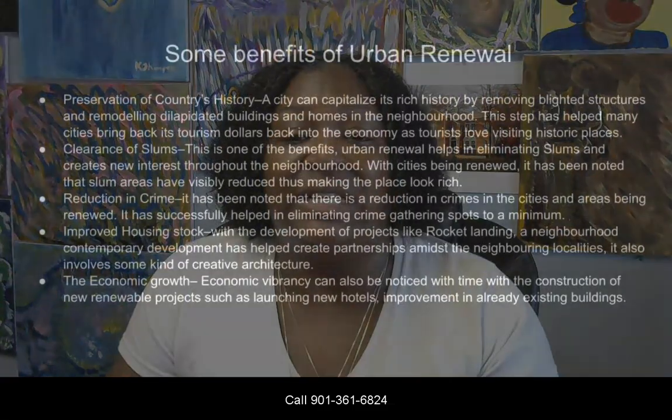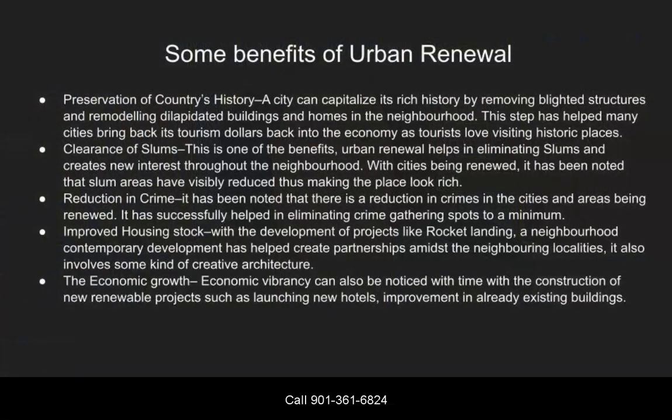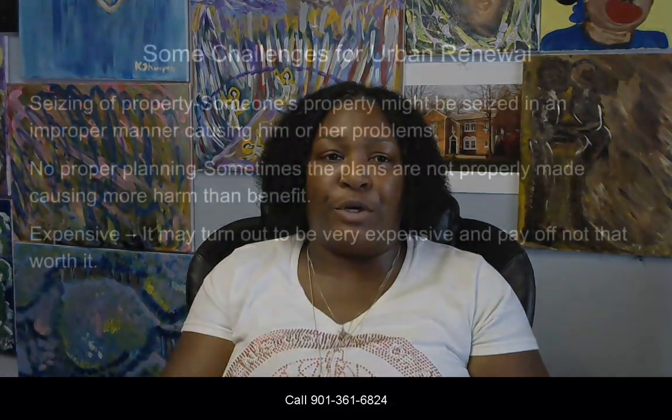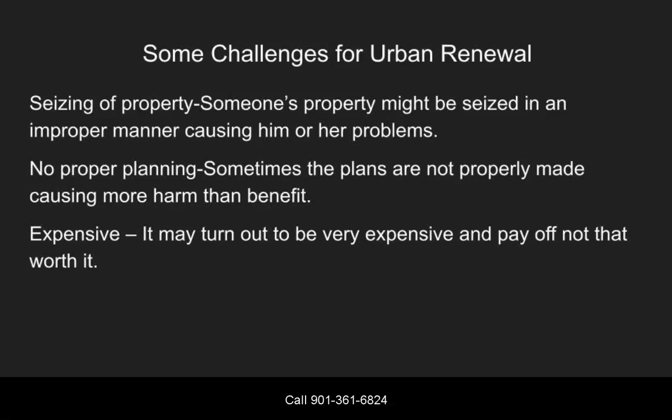Economic growth and economic vibrancy can also be noticed with time, with the construction of new renewal projects, such as building new hotels, improving already existing buildings, building new restaurants, and bringing new tourism opportunities to the forefront for the area. Some challenges for urban renewal, like I said, are also quite evident.